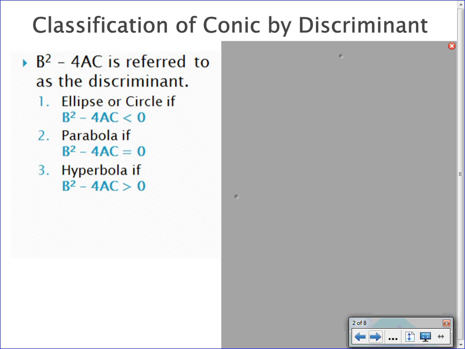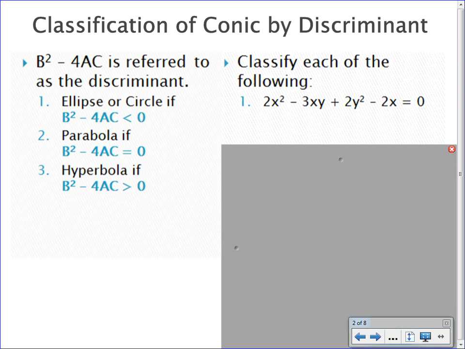So, we're going to practice this. Okay. I look at this equation and I see that there is an xy present in our equation, and so I know that this is a rotation of a conic. So, what is b? Minus 4 times what is a?